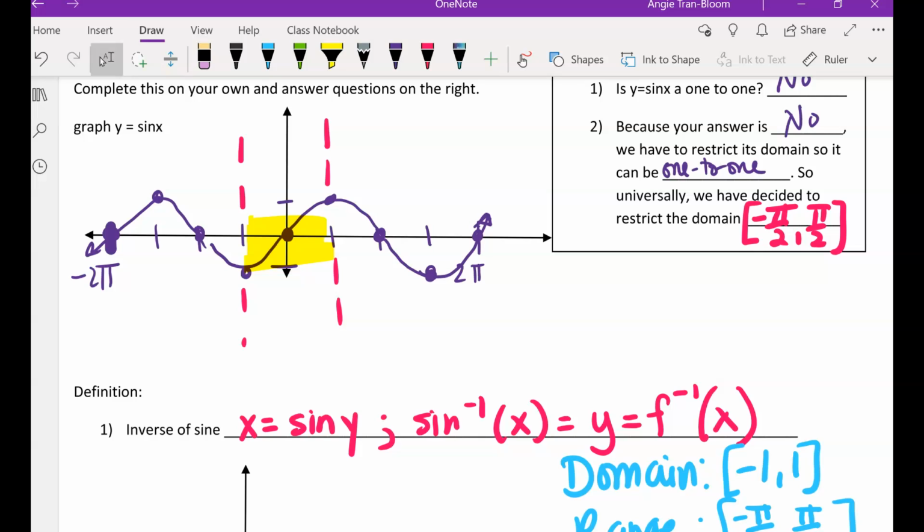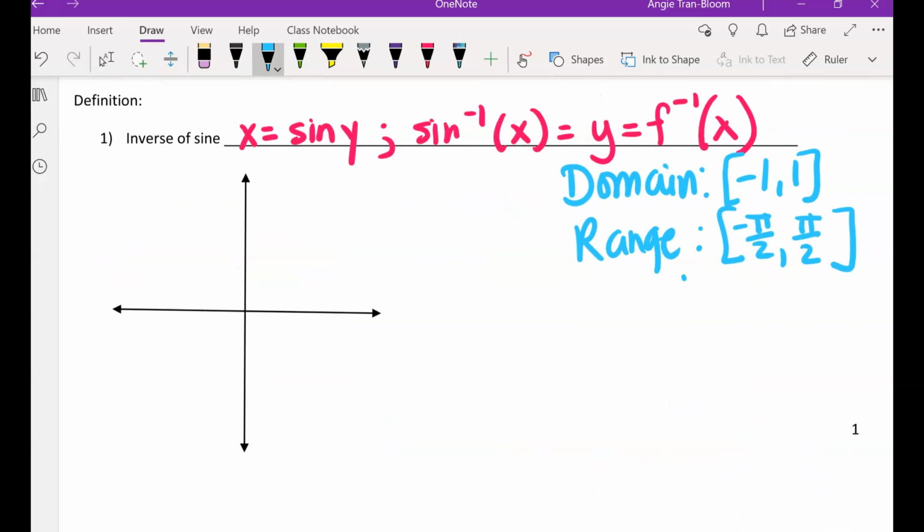But in the inverse, guess what we do with the range and the domain? We swap them. So normally I refer to what two quadrants sine inverse is restricted to: quad 1 and 4. Let's graph out our sine inverse function and see what it looks like.